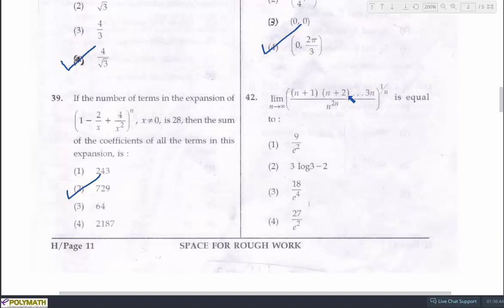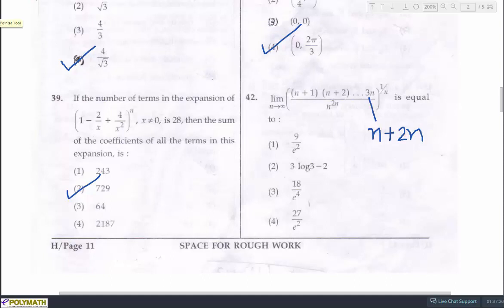This 3n, I will write as n plus 2n. Why am I doing that?